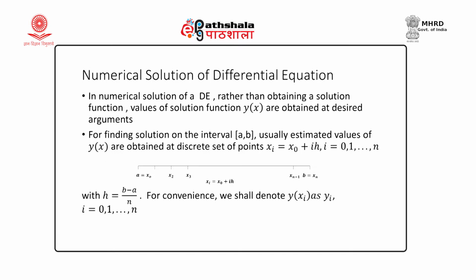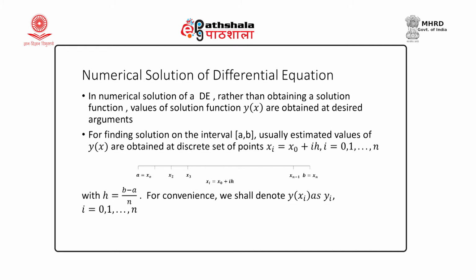For the solution of this initial value problem, y is given at the point x 0, and the interval a to b is divided into n equal sub intervals, and the length of each sub interval is h given by b minus a by n. Step by step we find the value of y.